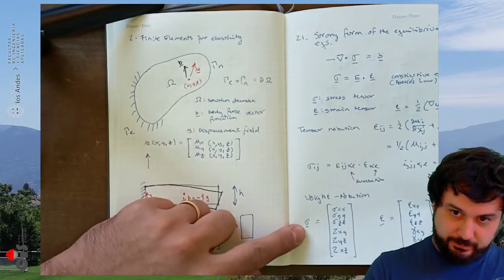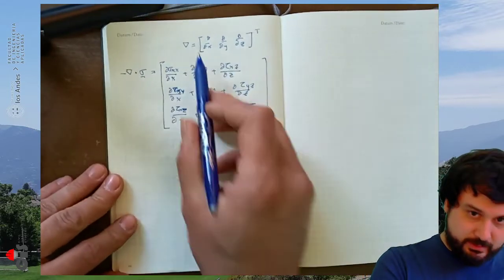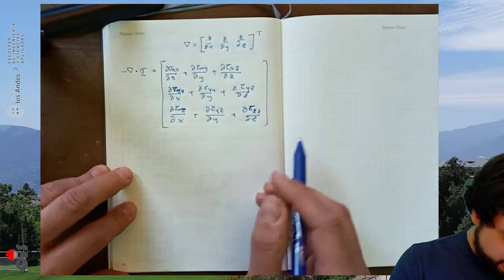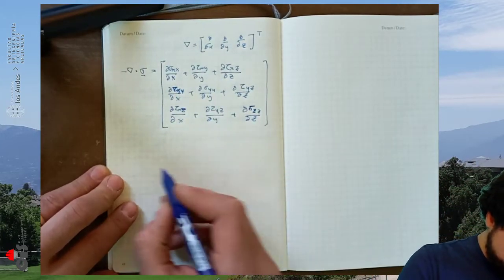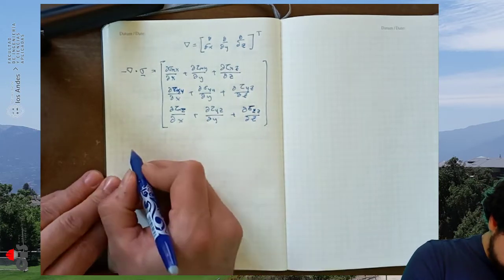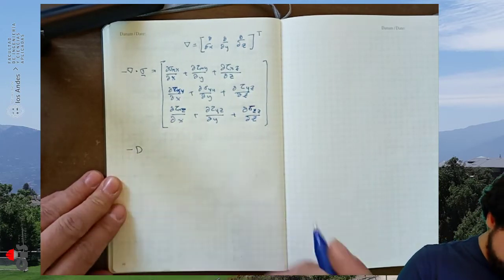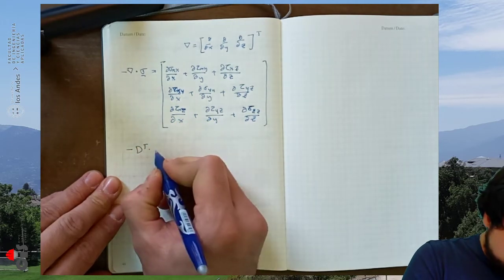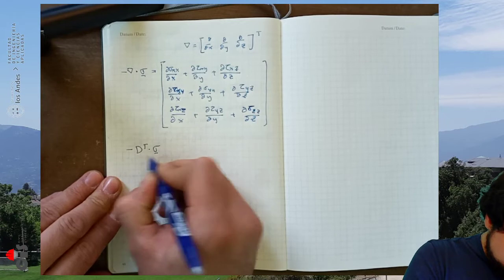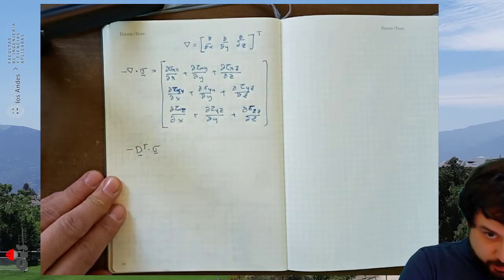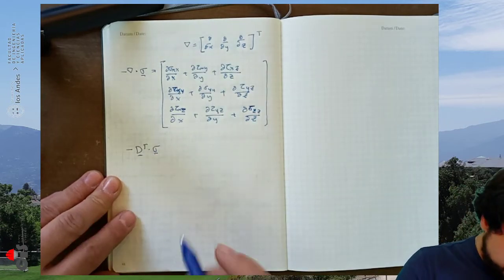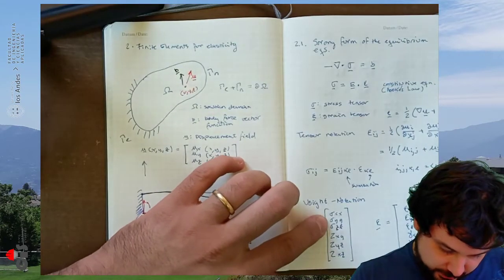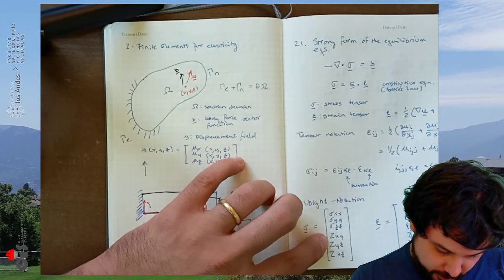So now that we were writing tensors in Voigt notation, let's write down what the nabla operator would do. We'll call that the D operator. So this equation becomes minus D transposed sigma. Okay, the transpose, you'll see clearly why it comes in a second. You need to have derivatives of these followed by derivatives of these.